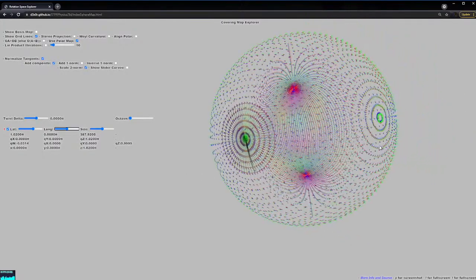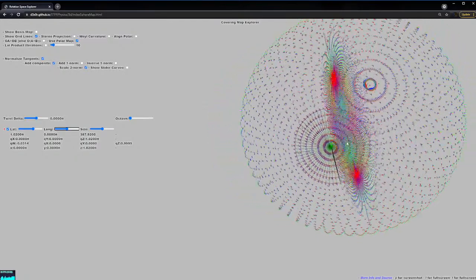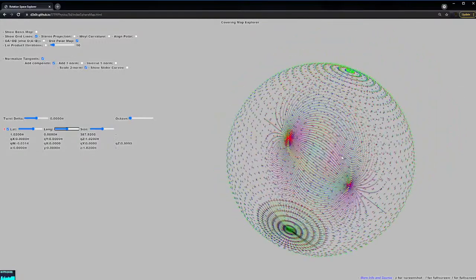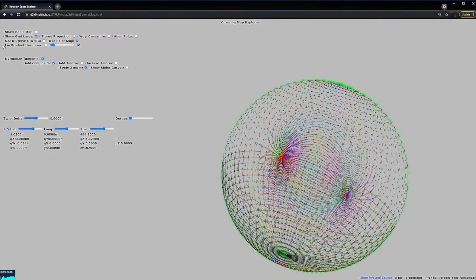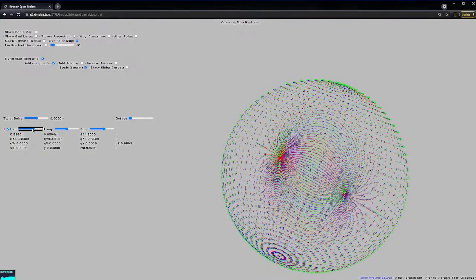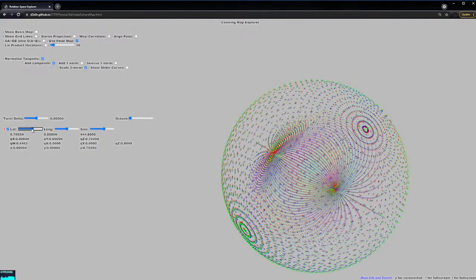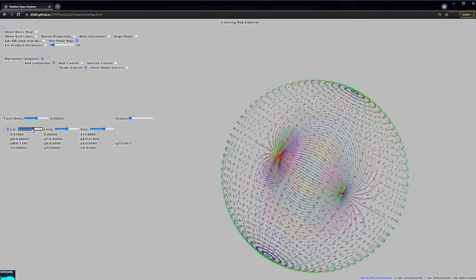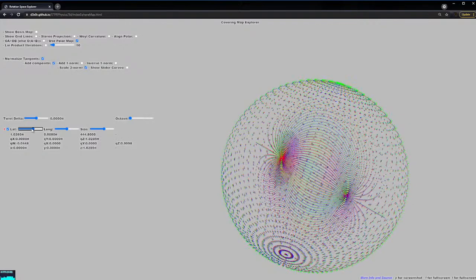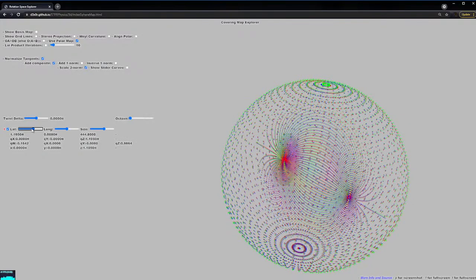So this graph has that one line that wraps around the pole, too.